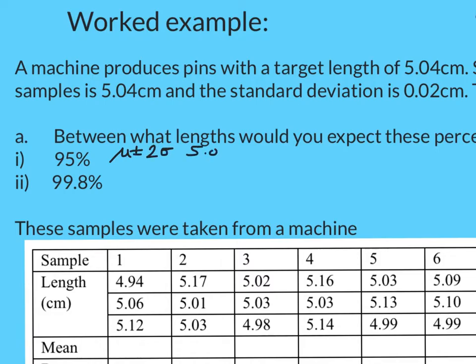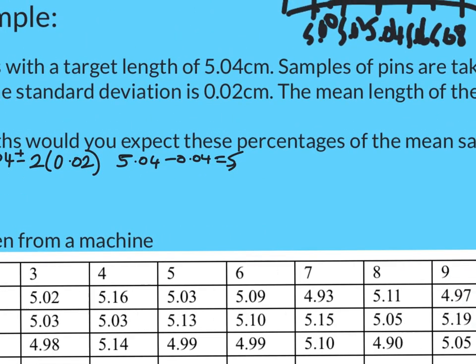So that's 5.04 plus or minus 2 lots of 0.02. That's 5.04 take away 0.04, which is 5, and also 5.04 plus 0.04, which is 5.08.